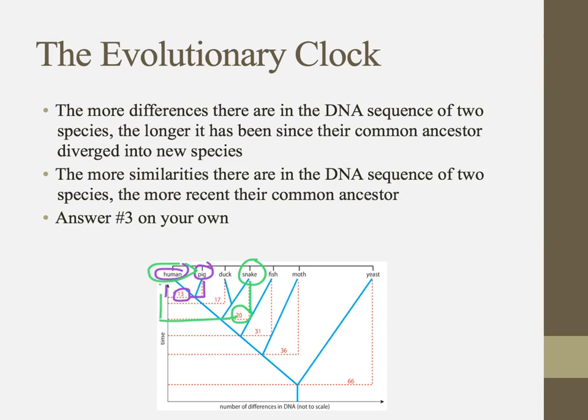If I have something with very few base differences, that tells us we have a relatively recent common ancestor. If I have something with many more base sequence differences, I'm going to have to go a lot further back in evolutionary time to find that common ancestor.